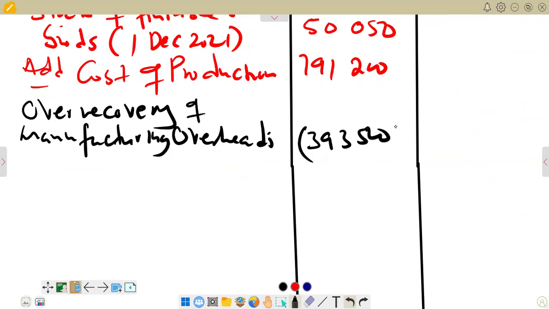Remember, we are subtracting it, so here you can just indicate it as less over recovery. If it's an under recovery, we are supposed to add it. So this is what we have.